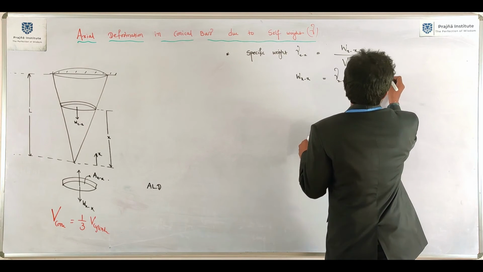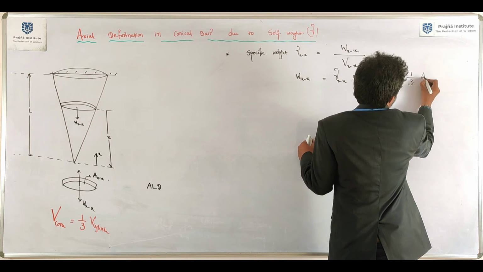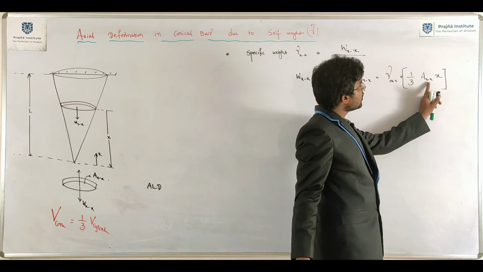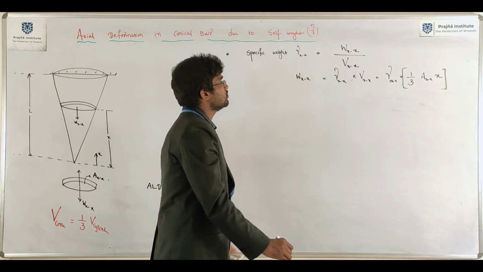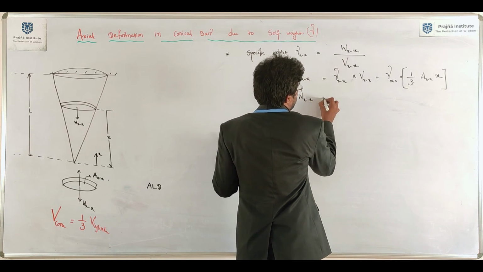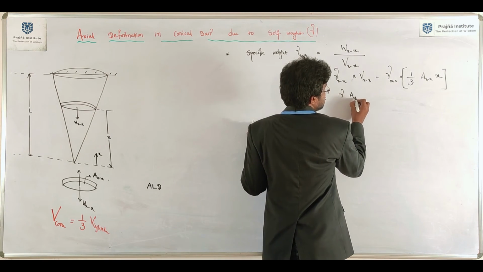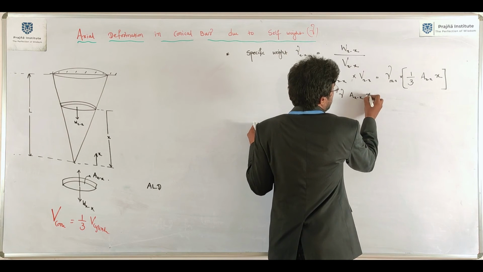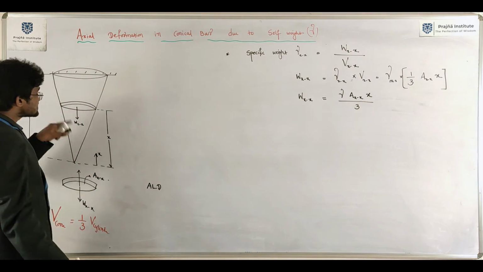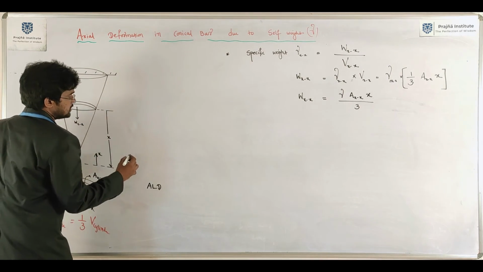That means W at XX equals gamma times A at XX times x by 3. Here A at XX is not constant; it again depends on x. Correct? See here.